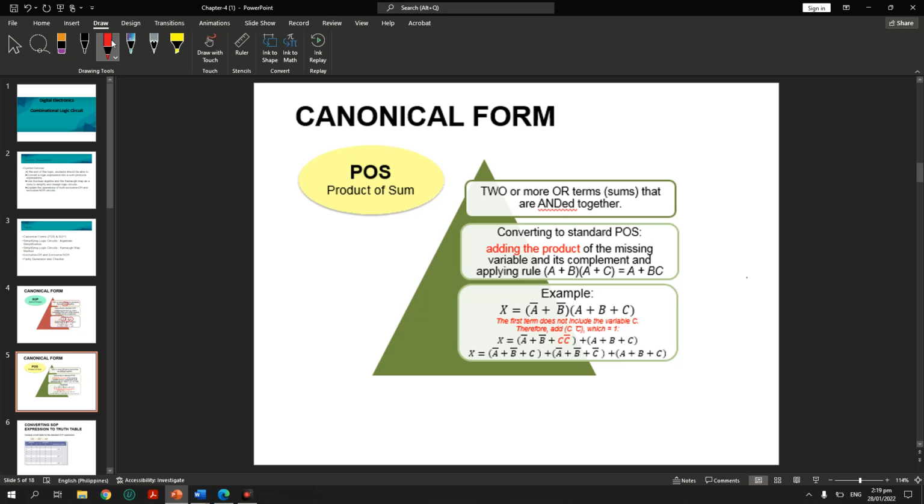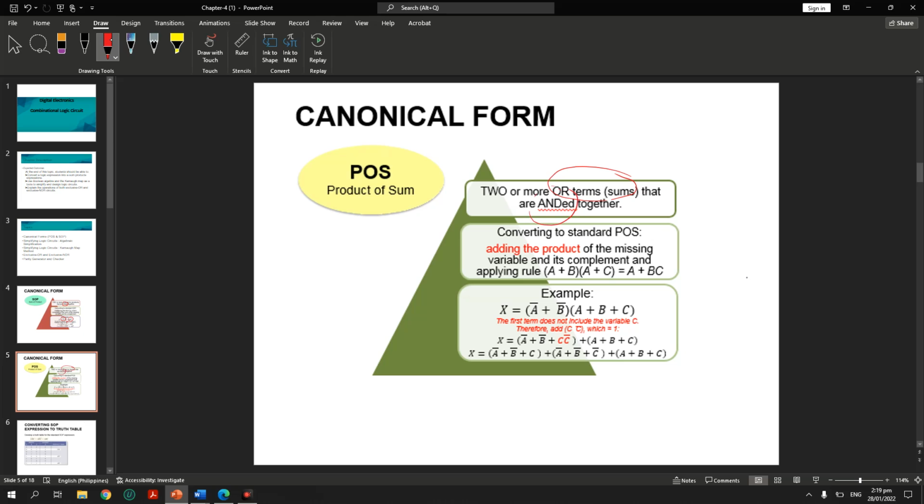The other one is the product of sums. In this form, two or more OR terms or sums are ANDed together.